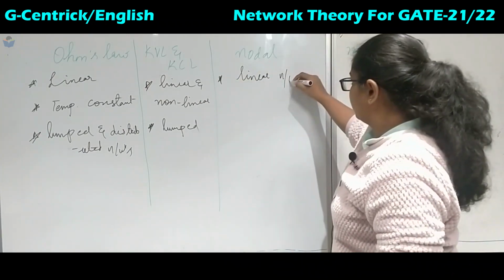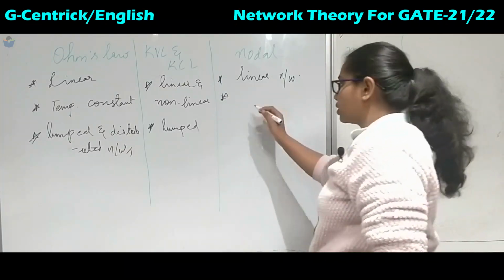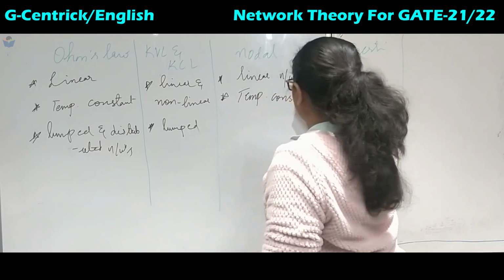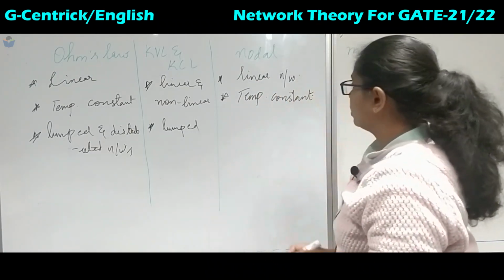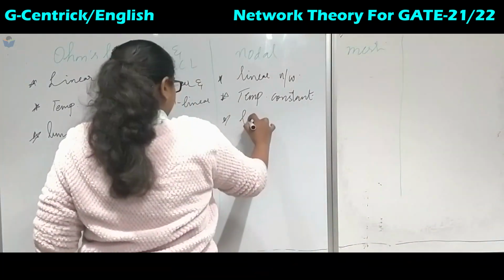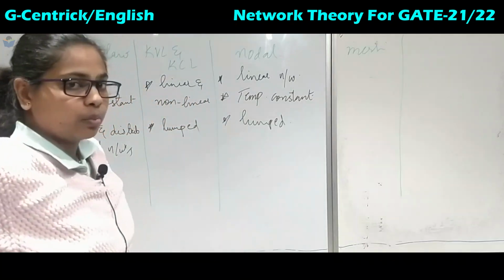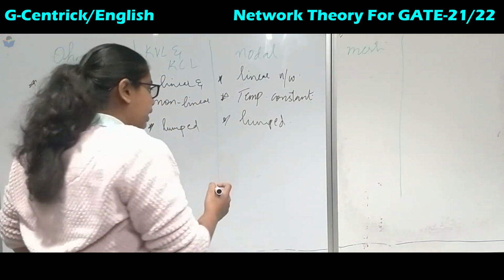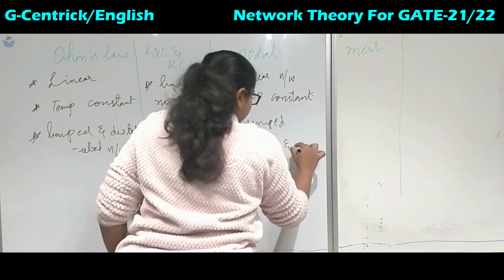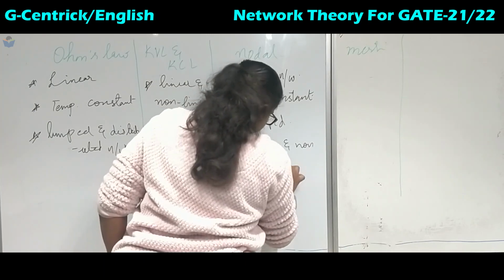For this also, the temperature must be constant, and it is applicable for lumped networks. One more point we have learnt is that it can be applied for both planar and non-planar networks.